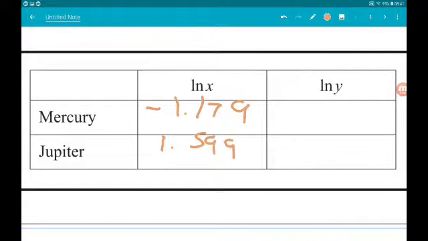Log y for Mercury is 9.575, and for Jupiter 4.022. Cool.